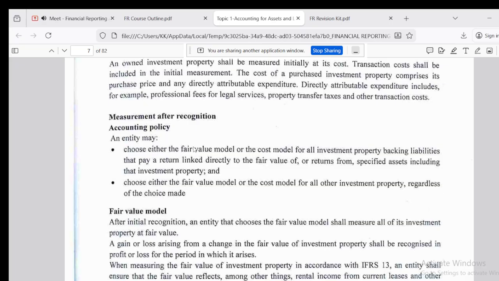Remember, fair value I told you is the actual value, like the actual value before you add depreciation and other things. So an entity may choose either the fair value model or the cost model for all investment property.